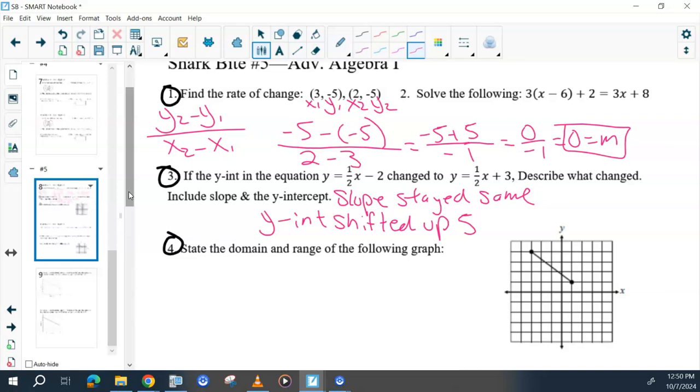And that's it. But make sure you have both things written, the slope and the y-intercept. Questions on that one? Yes. Because it starts at -2, and to get to 3, we go -2, -1, 0, 1, 2, 3.